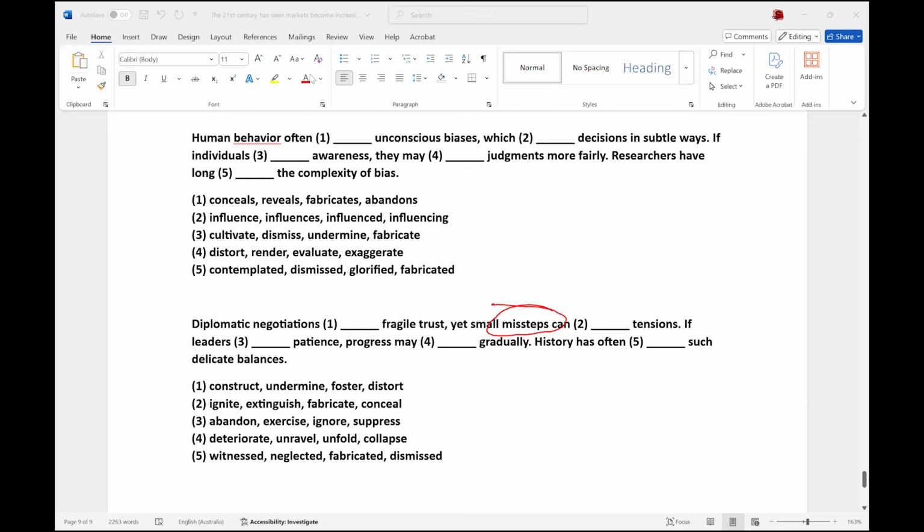Missteps. And before missteps, what is the connector? So this is negative, so before the comma you will have something positive. There are only two positive words, construct and foster. The correct answer is foster.